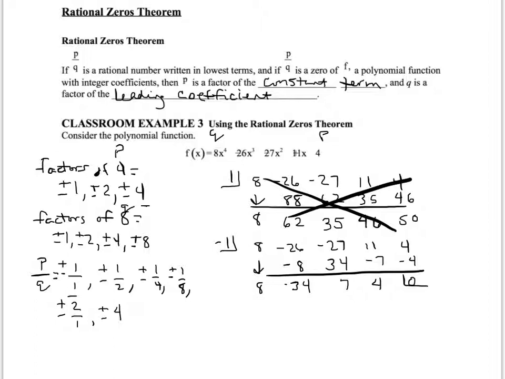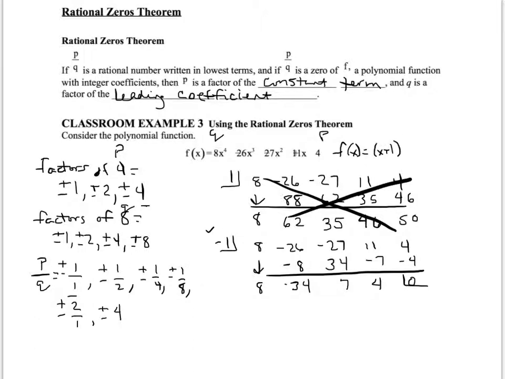So here's what I know. A negative 1 is going to be a 0. That means x plus 1 is going to be a factor. So I'm going to come up here and I'm going to write f of x equals x plus 1 in parentheses, and I'm going to go look for more factors now.